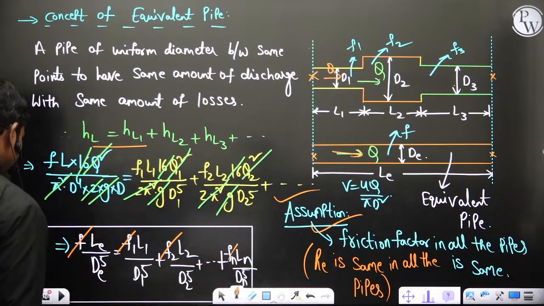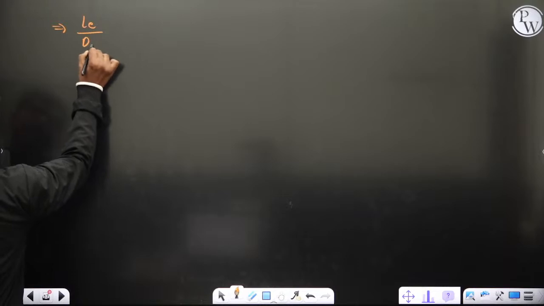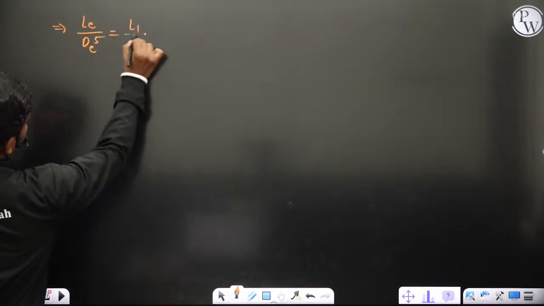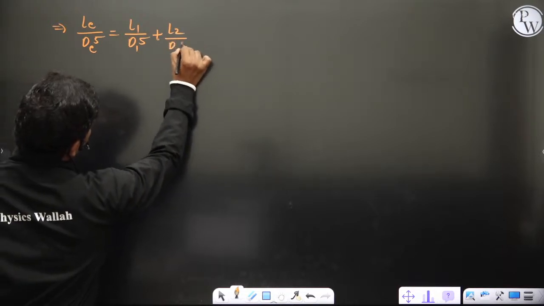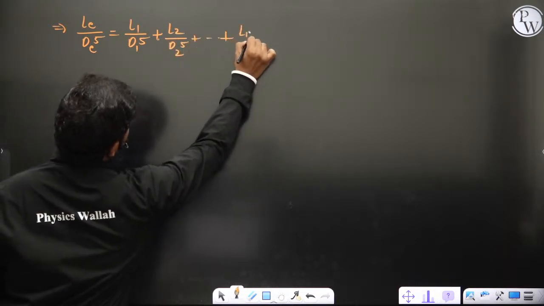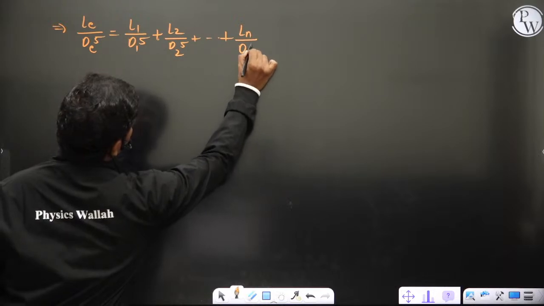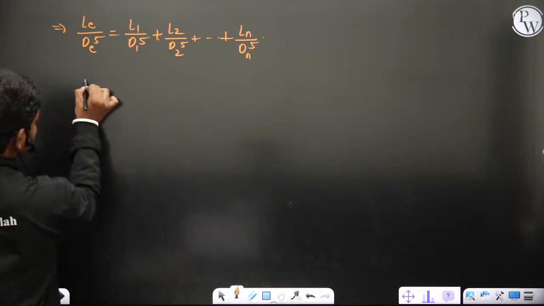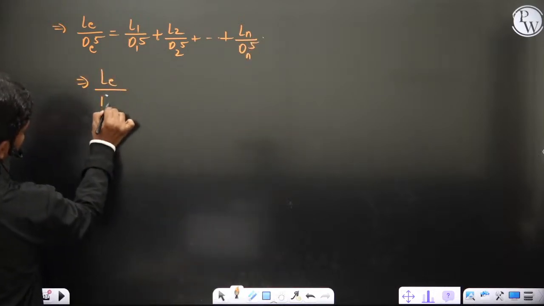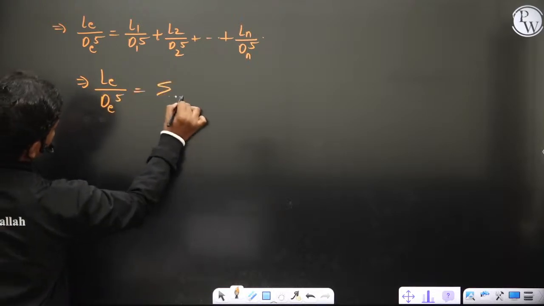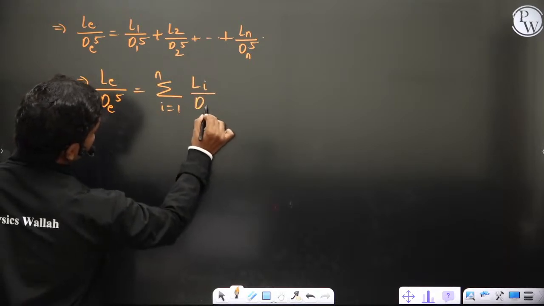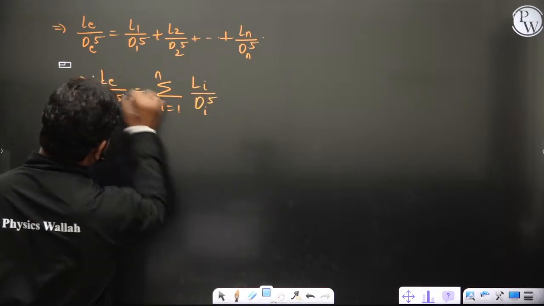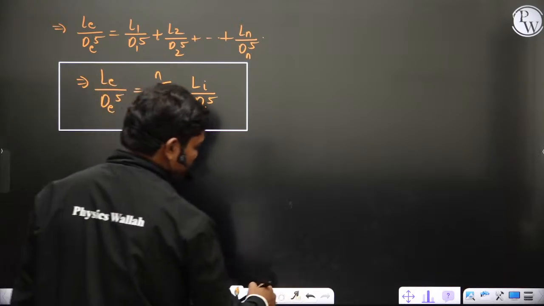Then you have the Dupit's equation, of course. LE by DE power 5 is equal to L1 by D1 power 5 plus L2 by D2 power 5 and so on plus Ln by Dn power 5. Okay, so you can write this LE by DE power 5 as summation I equal to 1 to n LI by DI power 5 actually. Okay, so this is what we have. This equation is given by Dupit actually.